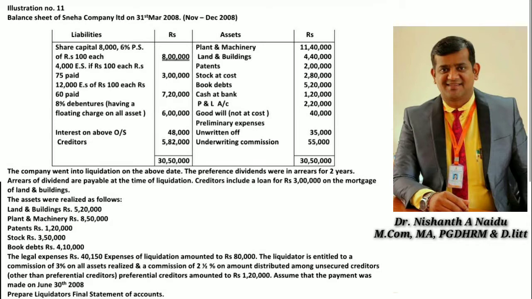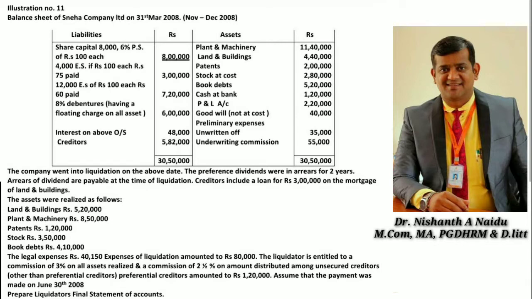Liabilities rupees, assets rupees. So in the liability side, share capital: 8,000 6% preference shares of rupees 100 each, 8 lakh. Then 4,000 equity shares of rupees 100 each, rupees 75 paid, 3 lakh. 12,000 equity shares of rupees 100 each, 60 paid, 7 lakh 20,000. 8% debentures having floating charges on all assets, 6 lakh.